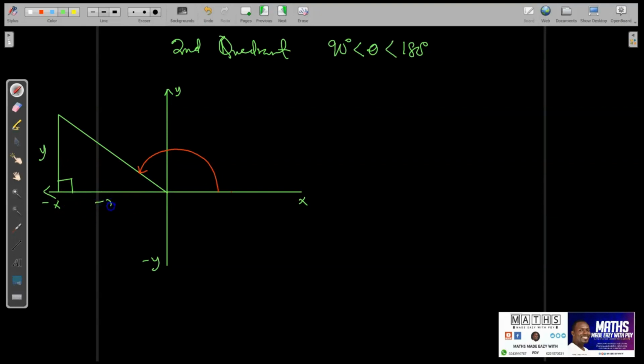Negative x. That's what we are going to obtain there. So watch something here. Since I introduced the right angle towards the x-axis, my angle reading should be here, and that will be equivalent to the general angle reading.